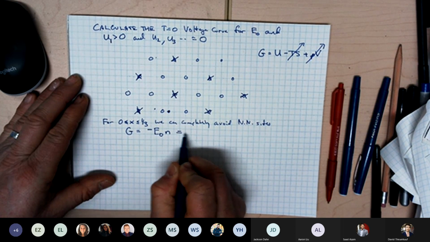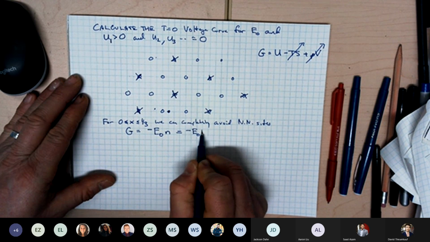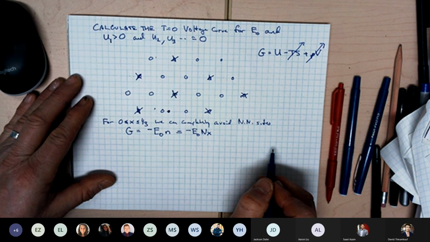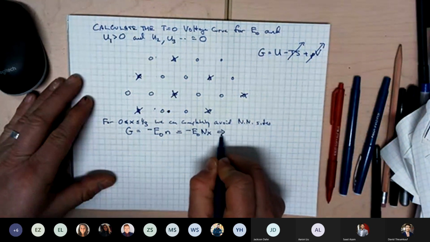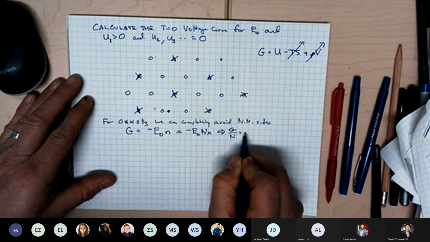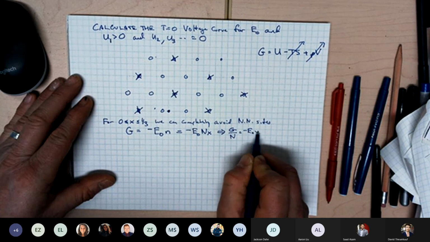So this is minus E0 big N times x. So that means G over N equals minus E0 times x.